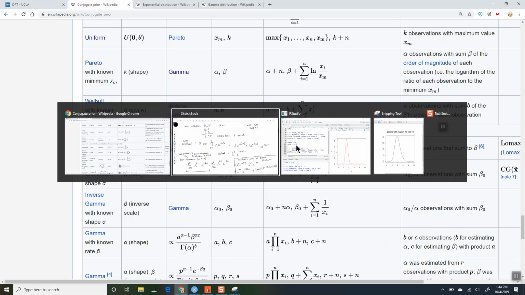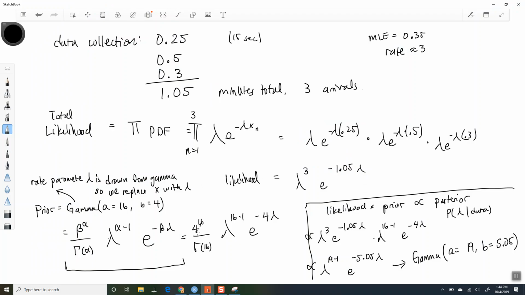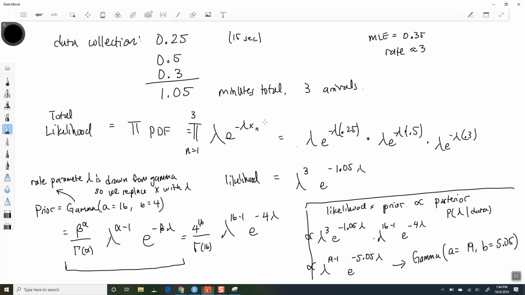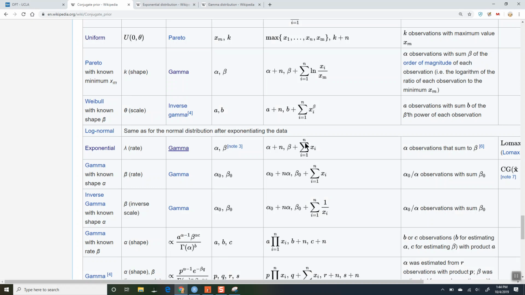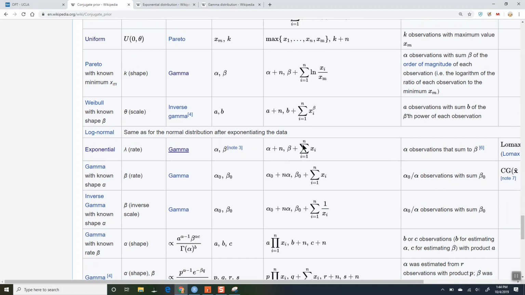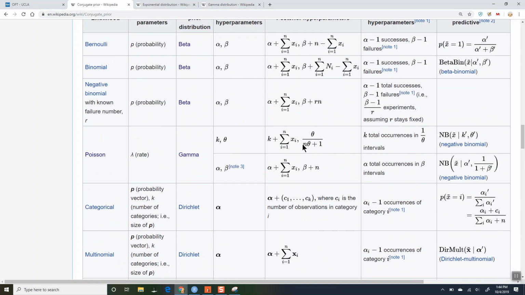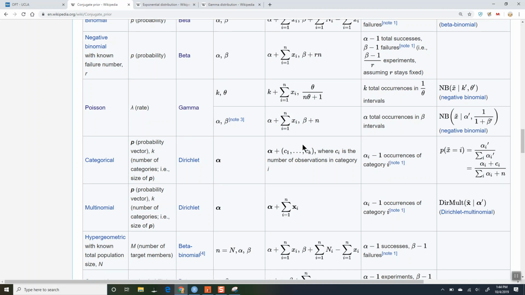Then you take your beta, which in our prior was 4, and add to that the sum of your x values, which was 1.05, and that's how we got 5.05. So this chart gives you the answers for a lot of these things, okay?